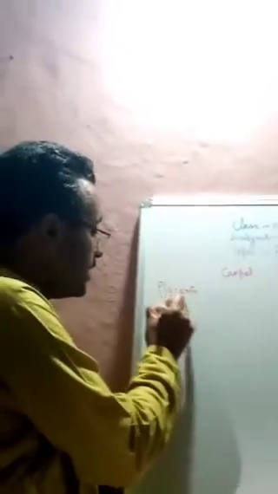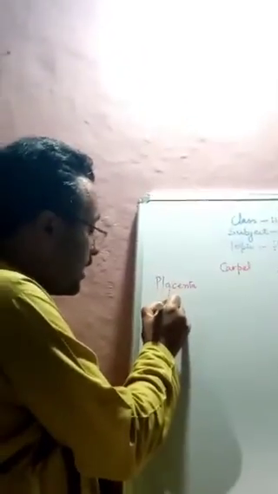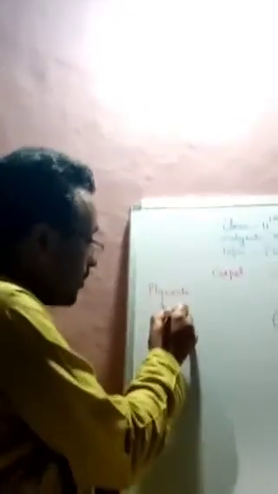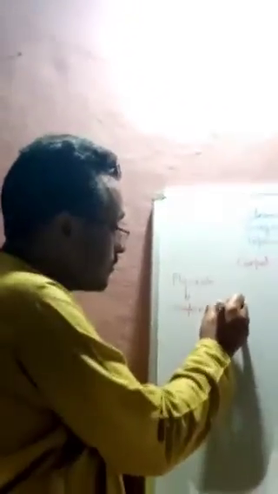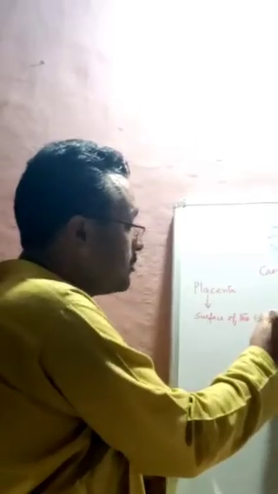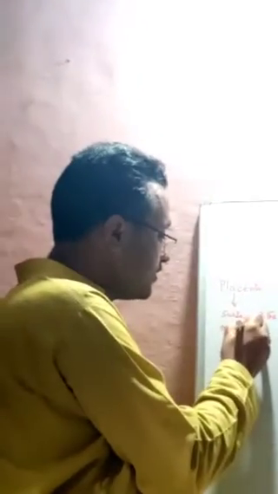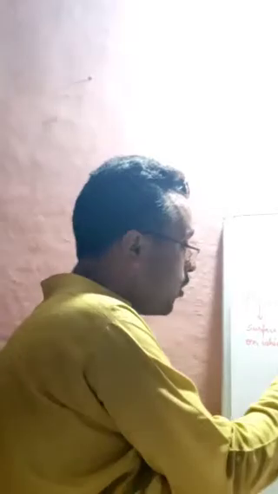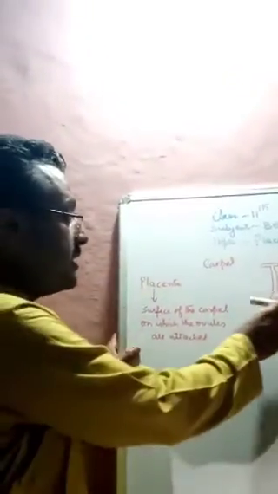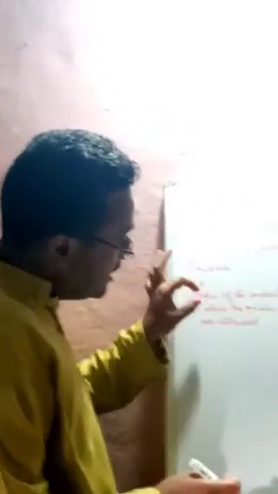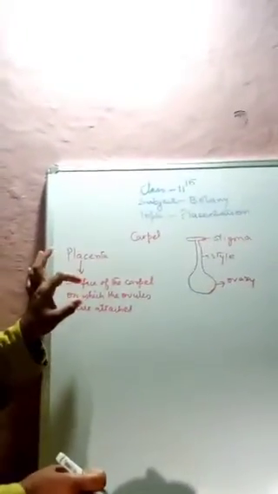The placenta is simply the surface of the carpel inside this ovary, on which the ovules are attached.